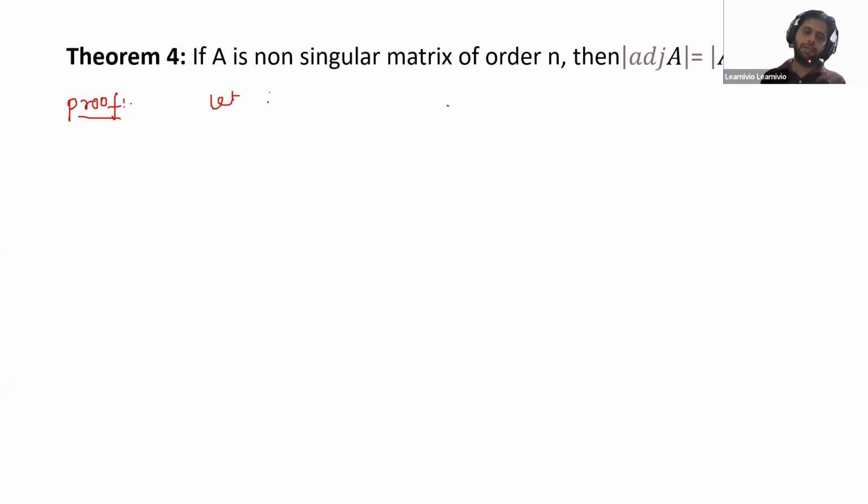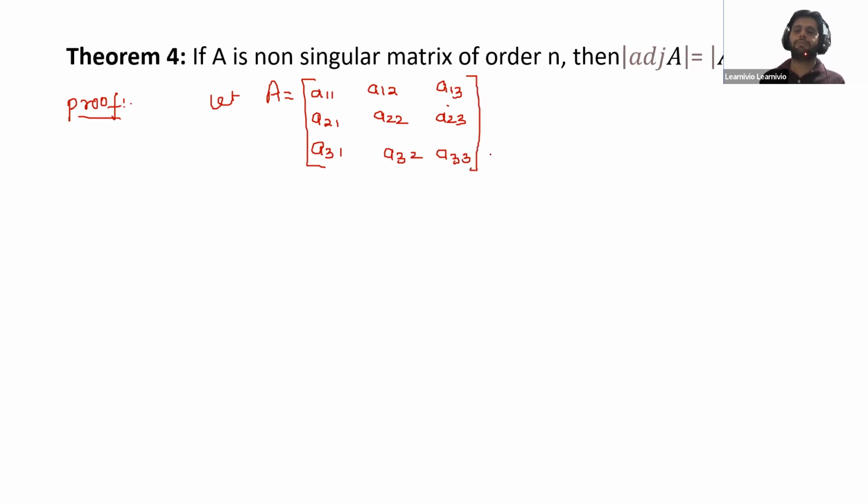Let A be this matrix: A11, A12, A13, A21, A22, A23, A31, A32, A33. So we have this matrix.